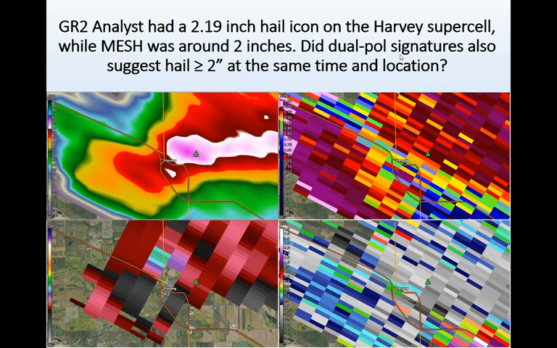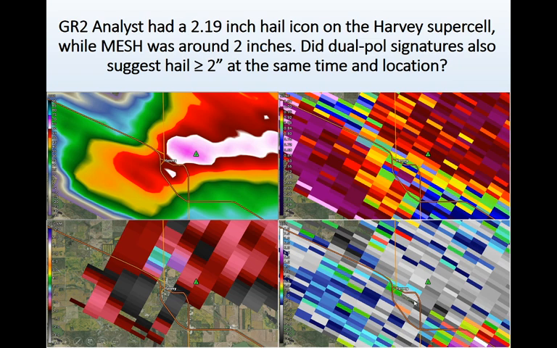So did these dual pole characteristics suggest hail was maybe less than 2 inches or greater than 2 inches? Well, when you see KDP values not displayed like you do right over Harvey in this frame, that's indicative of giant hail greater than 2 inches when you see your real low CC values along with it, which you do right up here. I think values less than 0.9, getting down to 0.84, maybe even less than that in certain pixels.